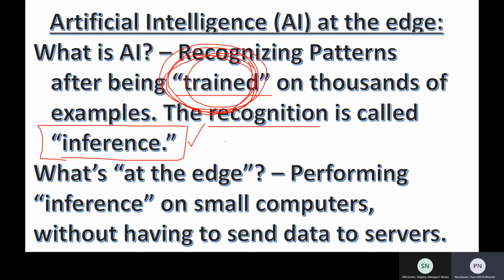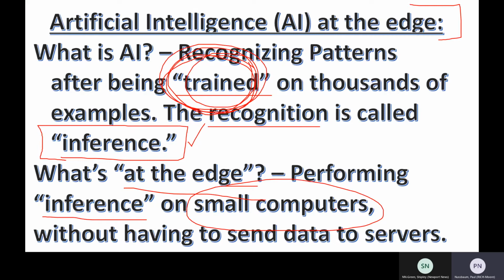So what do we mean by at the edge when we talk about artificial intelligence at the edge? What we mean is we're performing that inference on these tiny computers without having to send all of the data back to the cloud, or back to your PC, or back to servers who will perform that.